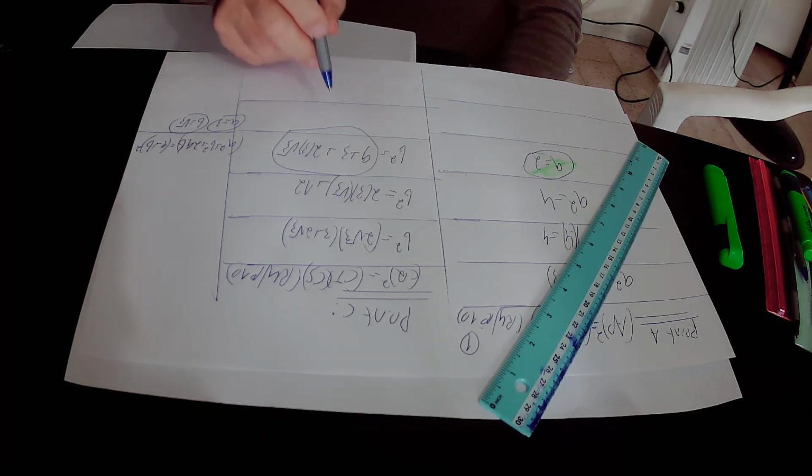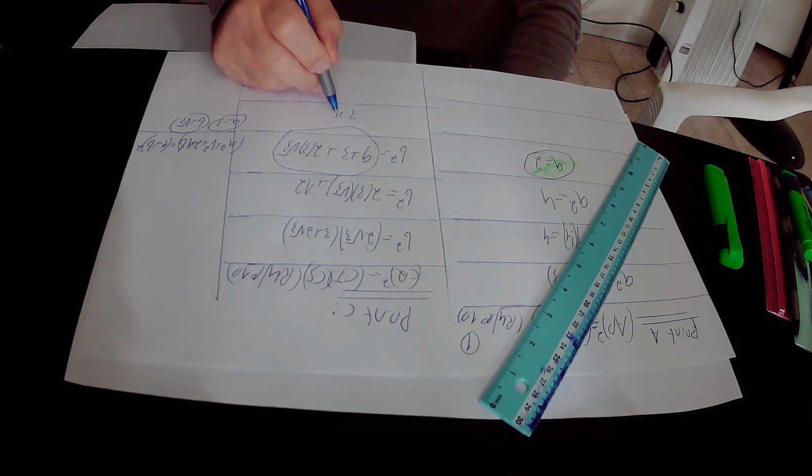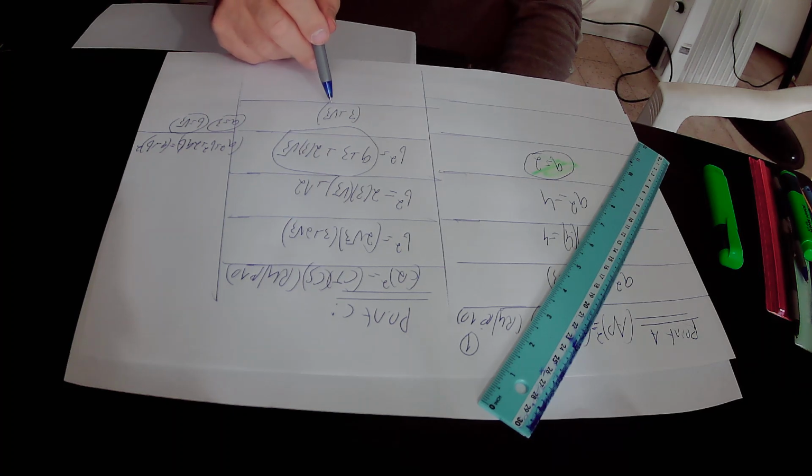So this expression, according to this algebraic identity, equals (A plus B) square, when A is 3 and B is square root of 3. So this expression equals (3 plus square root of 3) square.